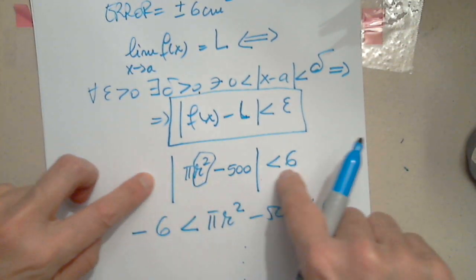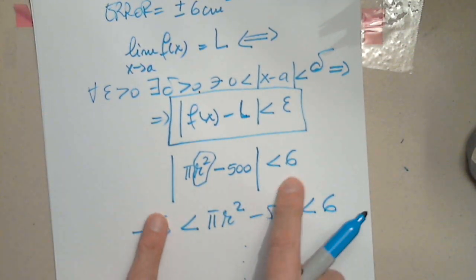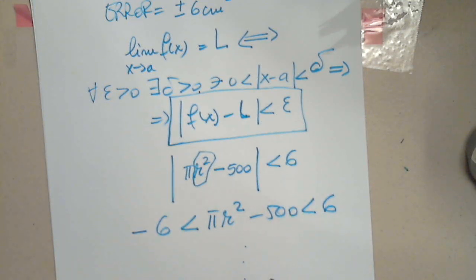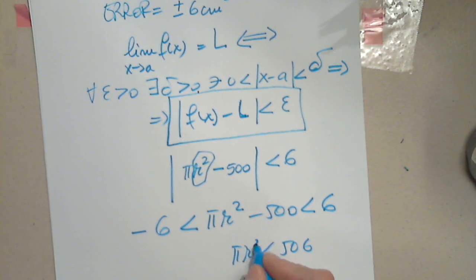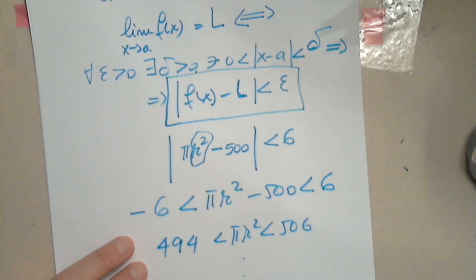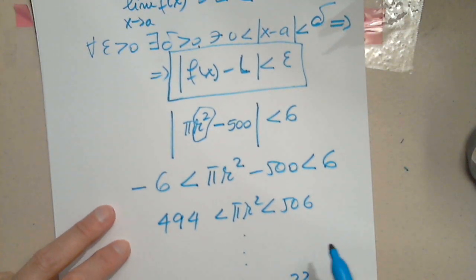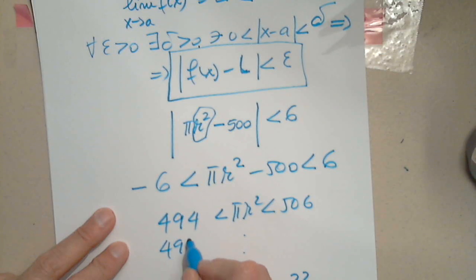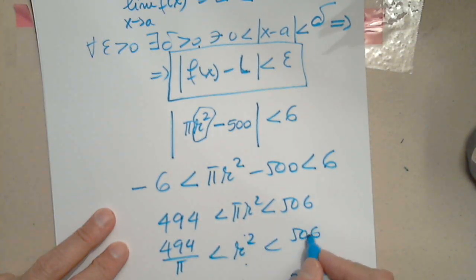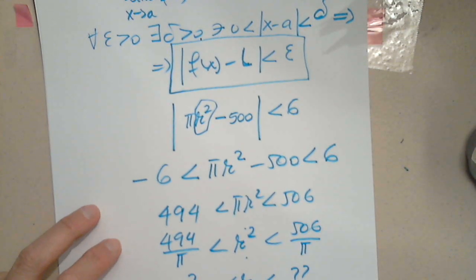So now I change this into this. Of course, I have to add 500 to both sides. So this is 506, and this is pi r squared, and this is 494. I have to divide by pi. So 494 over pi less than r squared less than 506 over pi.